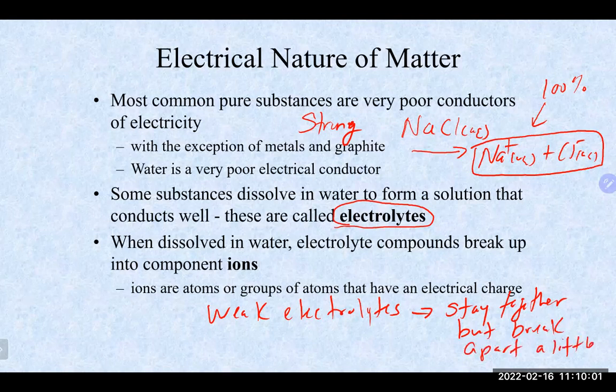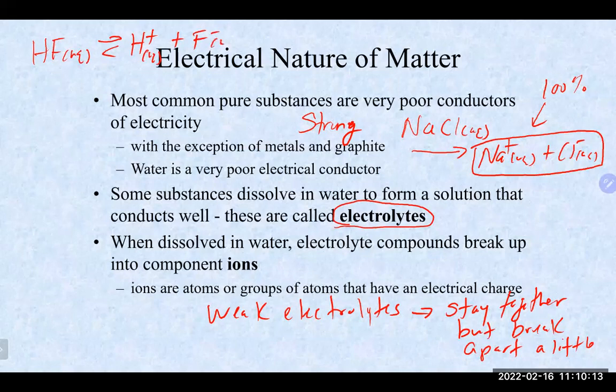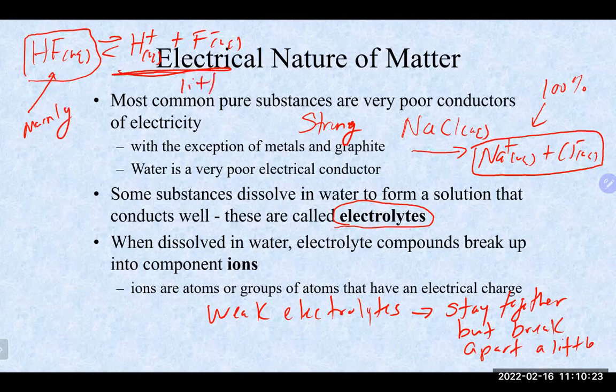So if we look at something, for example, like hydrofluoric acid, it is actually a weak electrolyte. When it breaks apart, it will break apart into H+ hydrogen ions and fluoride ions. And it will mainly stay together as this whole thing.